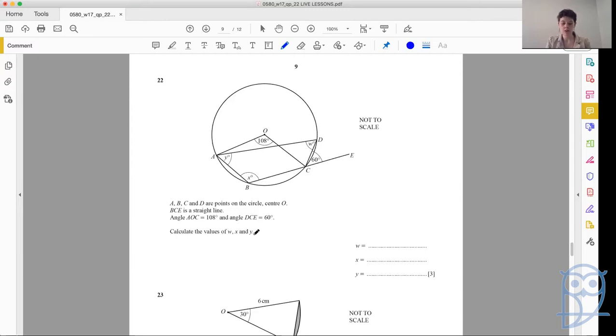So now we need to have a little bit of a think. What information can we use, and what information have we got? So where could we start? I like to start actually with X on this one.